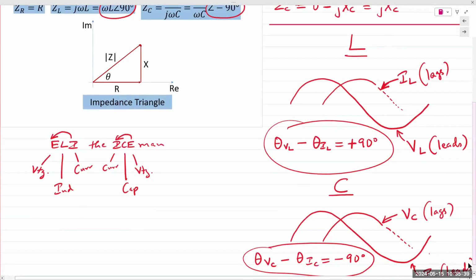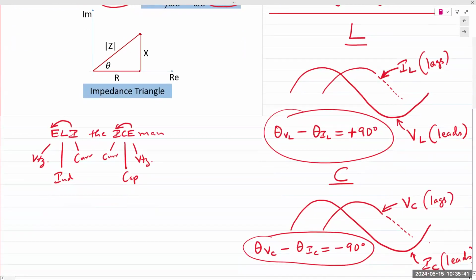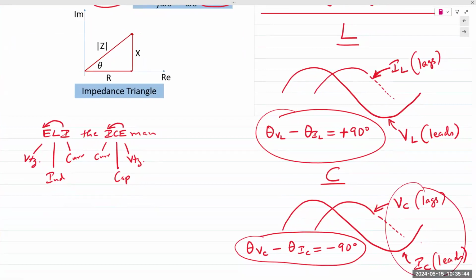For a capacitor, the voltage always lags the current, and the current is always ahead, meaning the voltage is at minus 90 with respect to the current. And so when we take the impedance of a capacitor, it'll always be minus 90. So plus 90 and minus 90. But it's only specific to that particular component.